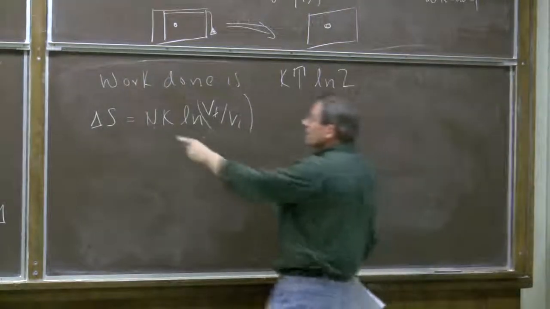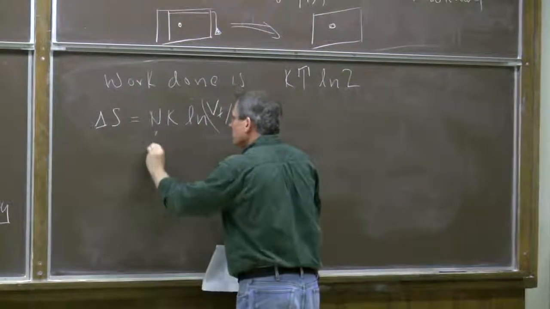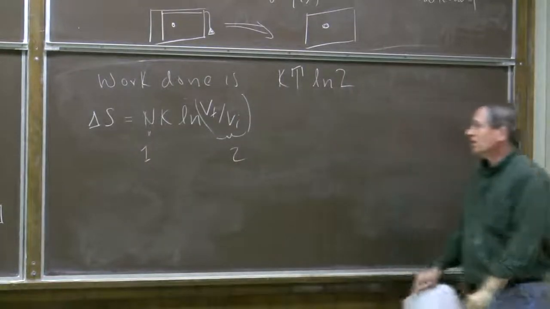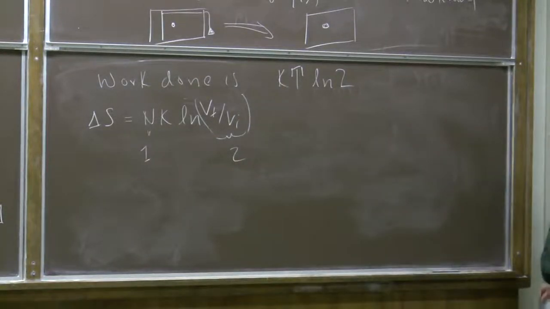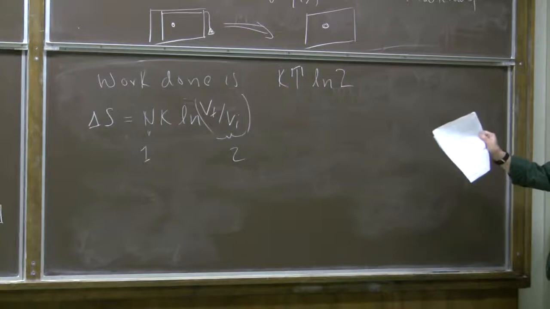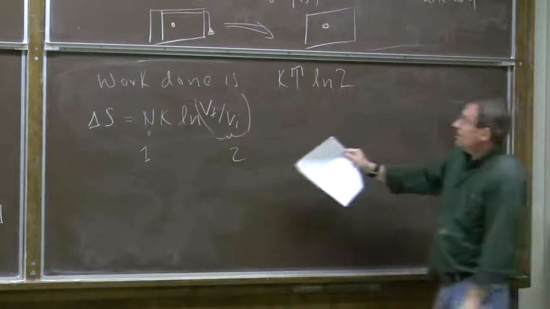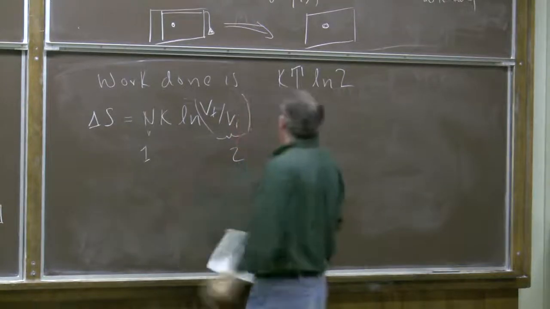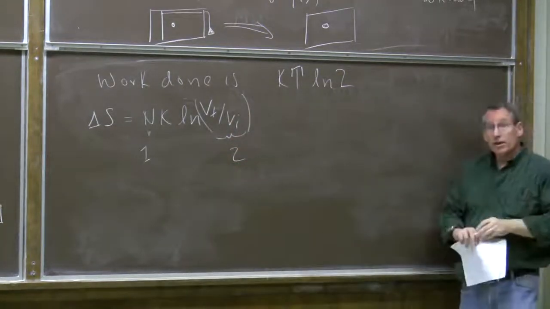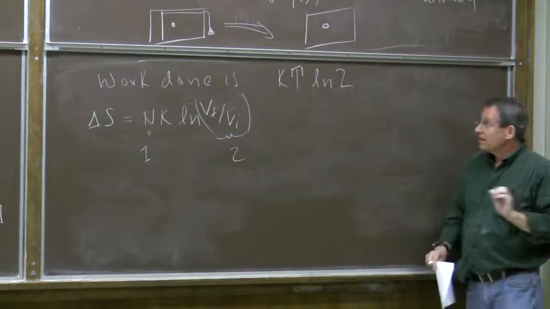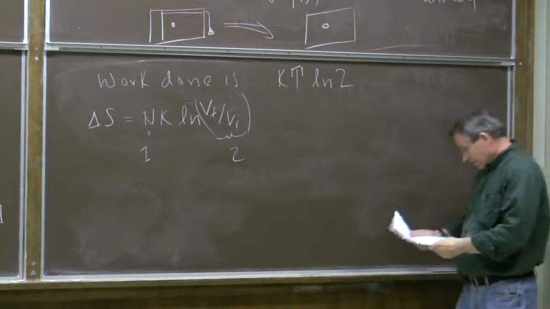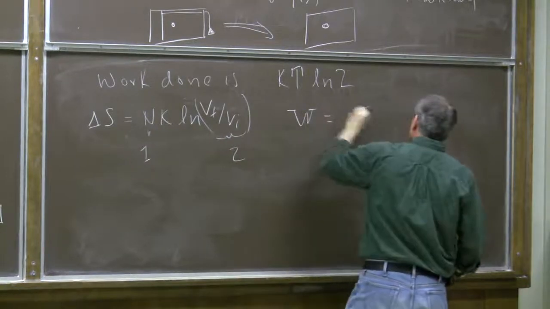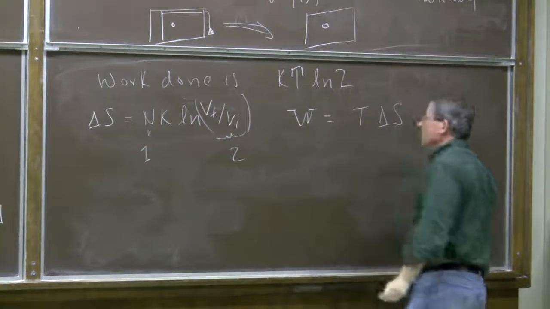So the entropy, in this case, when n is equal to 1, and the ratio of the final volume to the initial volume is 2, the entropy increase is just k log 2. And the amount of work done isothermally, then, is kT log 2. The work, according to the first law, is just the temperature times the change in entropy.